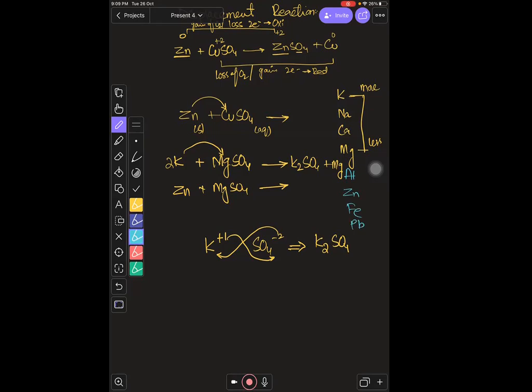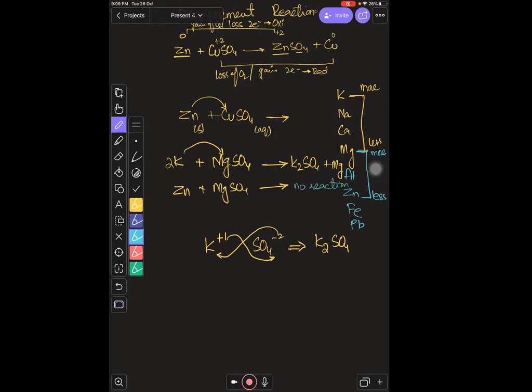Now you can see over here, magnesium is more reactive and zinc is less reactive, right? So that means zinc is not able to displace magnesium from its salt. There is no reaction.